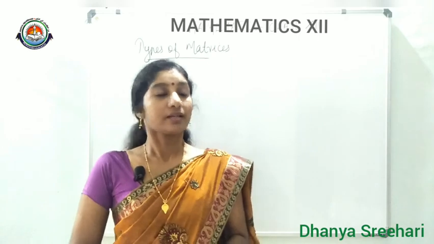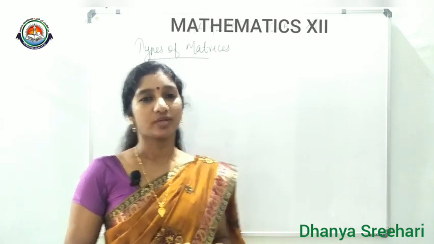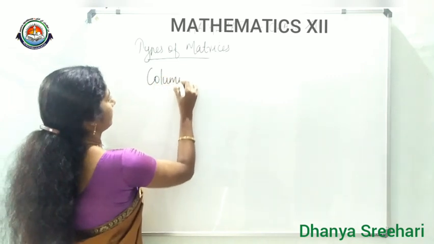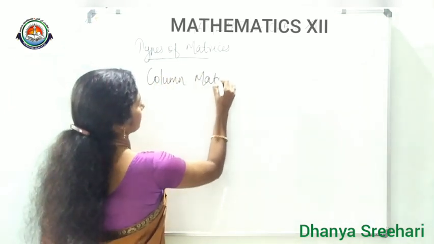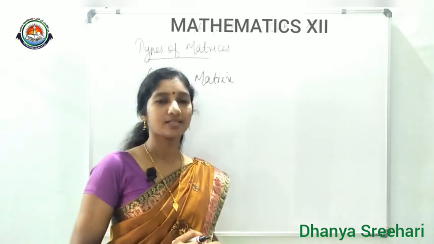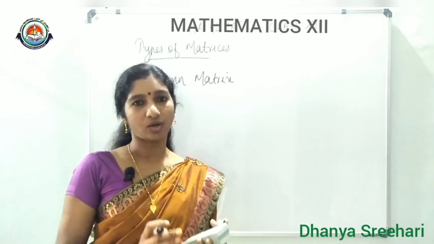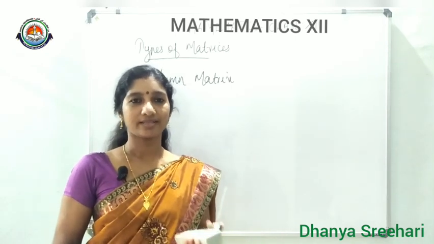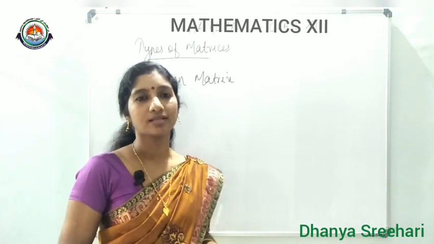Then types of matrices. First one is column matrix. See, if a matrix has only one column, we call it a column matrix. A matrix with one column is a column matrix.